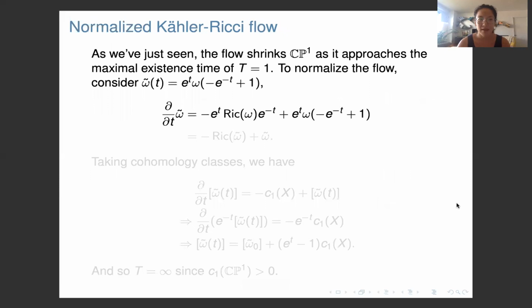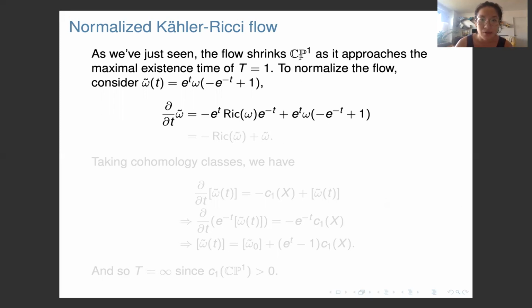Okay, so that was the case of when the Kähler-Ricci flow shrinks a manifold, and that happens under the unnormalized Kähler-Ricci flow by the fact that we were working on a Fano manifold, so one where c1 of X was positive. I'm going to briefly now talk about how we can normalize the previously stated Kähler-Ricci flow such that volume is preserved along the flow, and so that you can in fact get the flow to exist for infinitely long, as opposed to having exhausted itself by t equals 1.